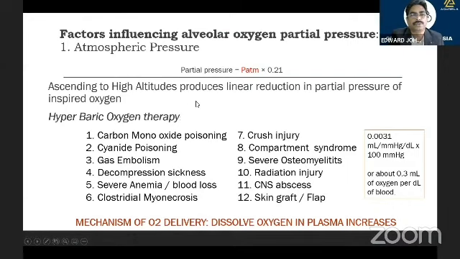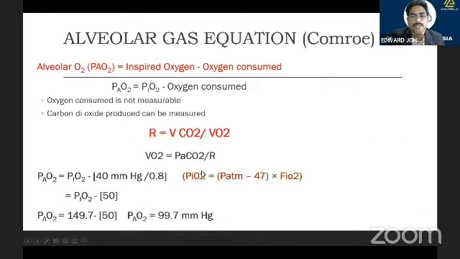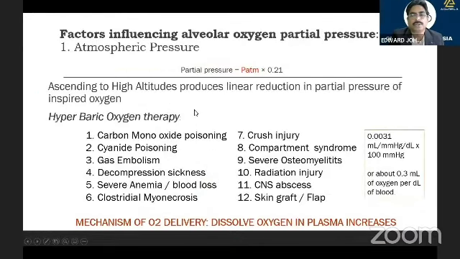The first and foremost is the atmospheric pressure. Suppose at sea level, 760 mm of mercury, your alveolar oxygen partial pressure is 100 mm of mercury. Suppose you increase the atmospheric pressure to 1 atmosphere, 2 atmospheres.